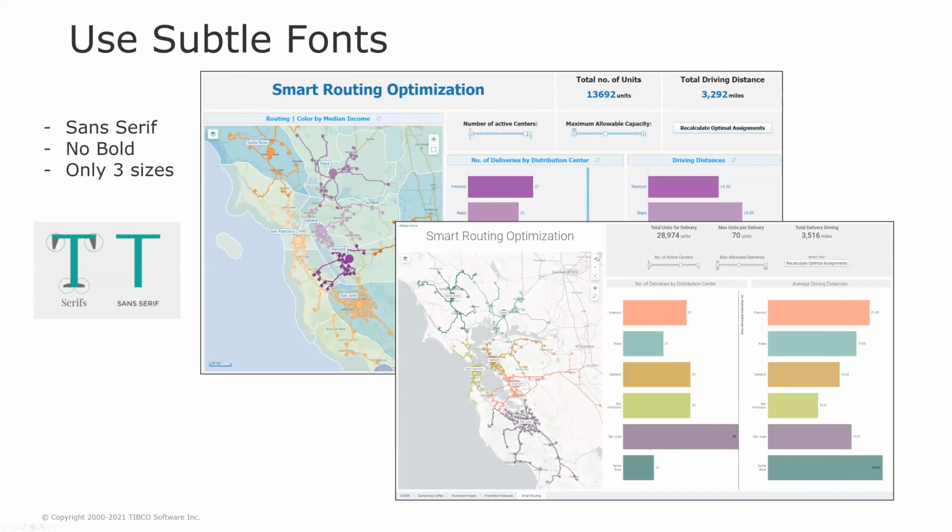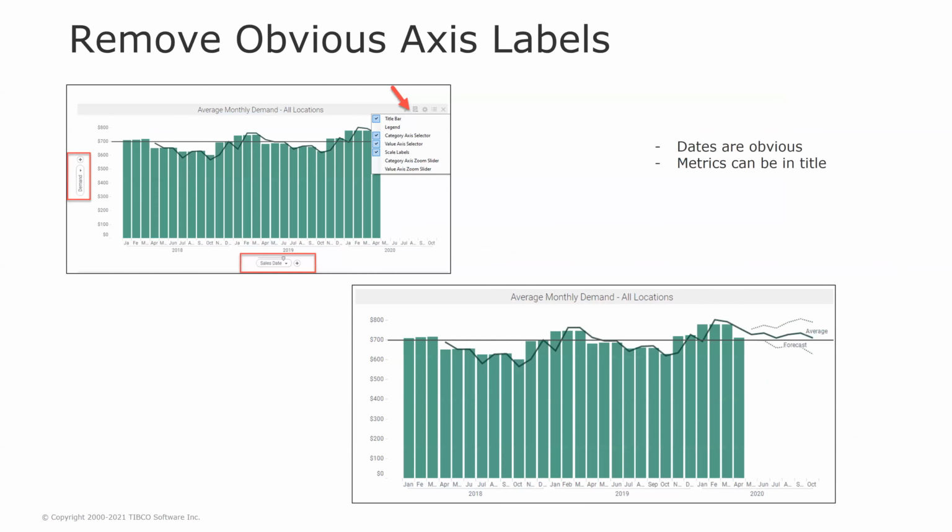With fonts, sans serif fonts are the fonts that don't have these little ends, and that is a little bit easier on the eyes to read. So I've used a lot of sans serif fonts here. I don't use bold, and I try to stay to three font sizes on a single page. Remove obvious axis labels.